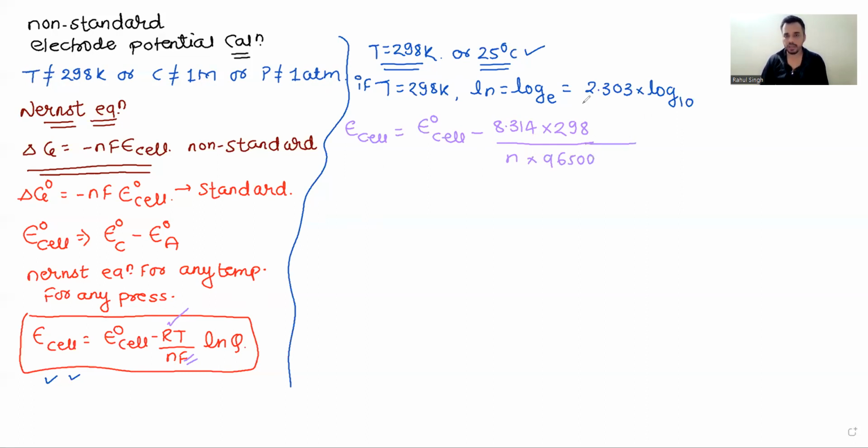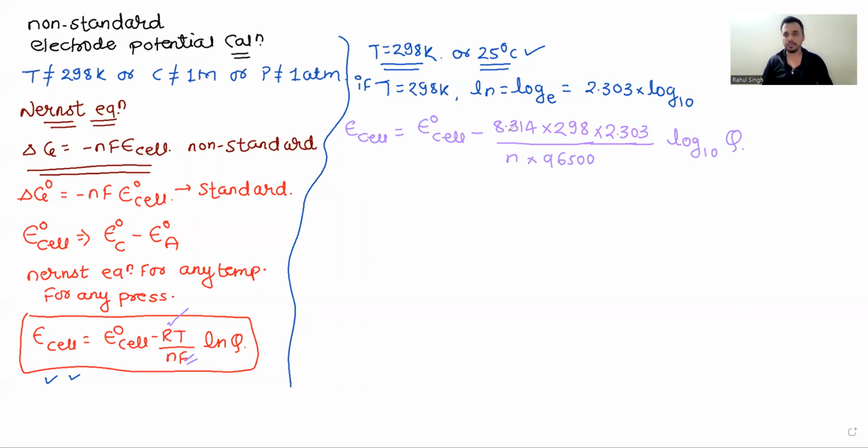We are converting ln to log, so 2.303 appears here, times log to the base 10 of Q.